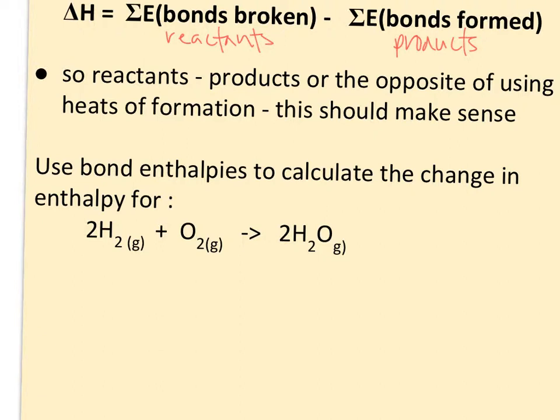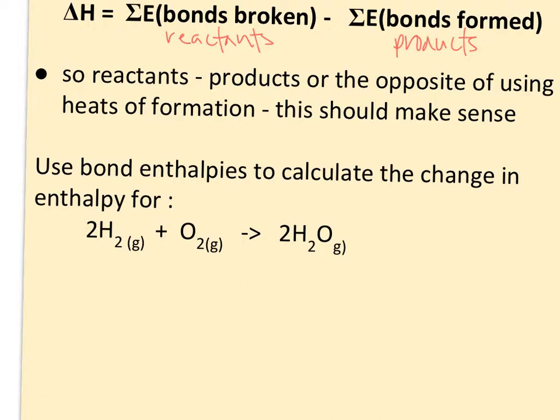And then, of course, you'd have your state symbols, all as gases. Either one is fine. If I go with my original here, H2 is just a single bonded hydrogen, oxygen double bonds to itself, and water has two single bonds in it.